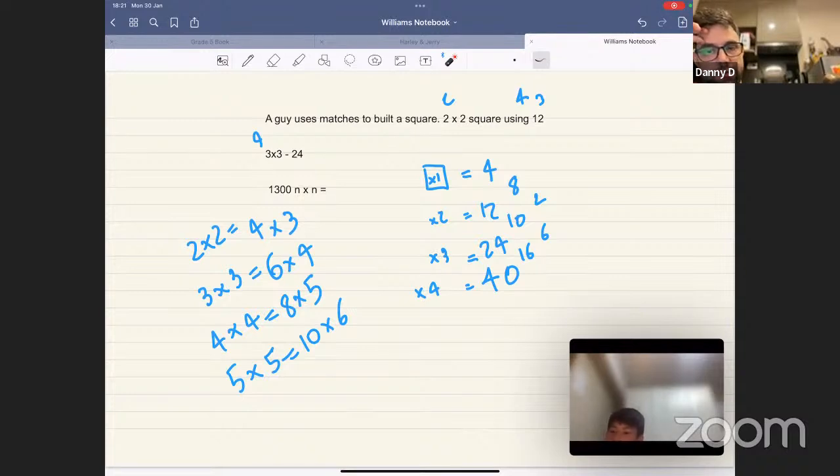So 65 times 65. No, too big. That doesn't work. Double? How many would 10 times 10 be? 10 times 10 would be 120.